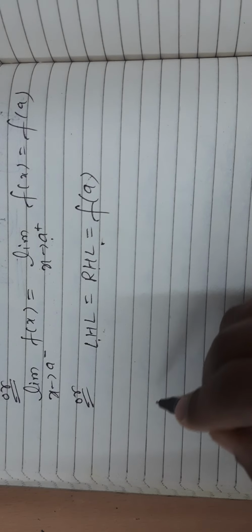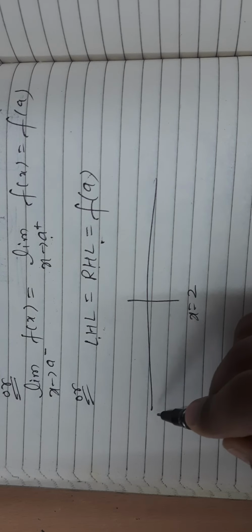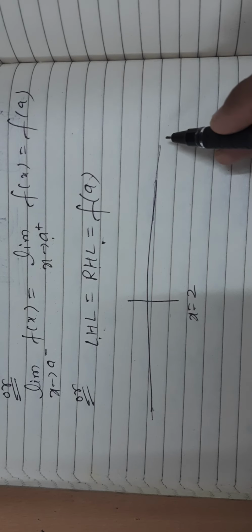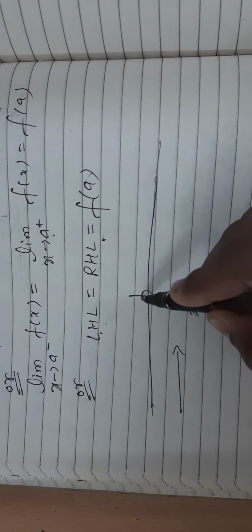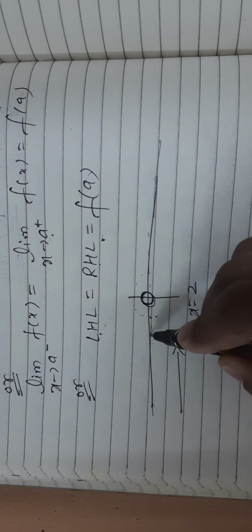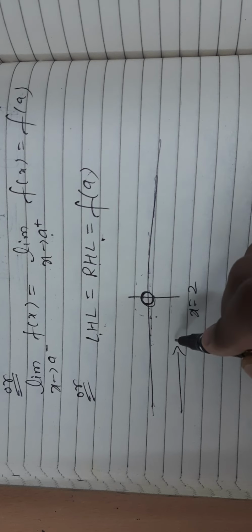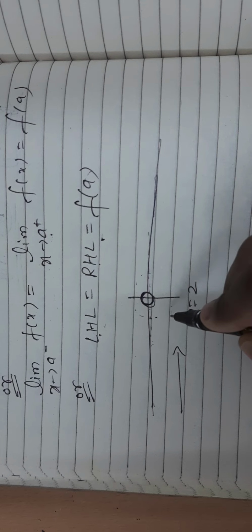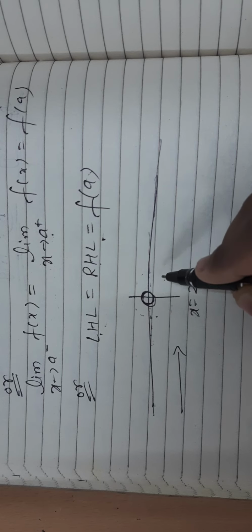Now what is the meaning? Now see, suppose here x equals 2. First we have to find the limit, or we have to check whether the function is continuous or not. So for the left hand limit we will accept all the numbers in the neighborhood, nearly equal to 2, for example 1.9, 1.999, 1.9999, 2.1, 2.2, 2.123, 2.1234, like this.